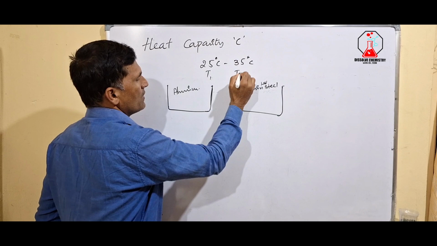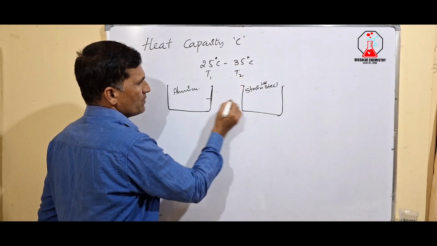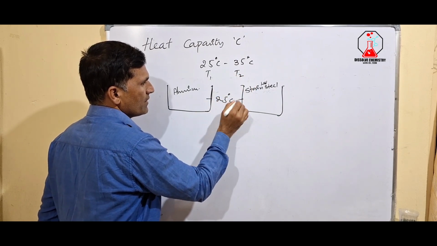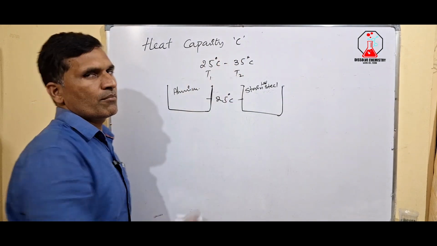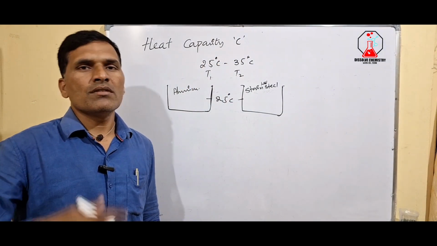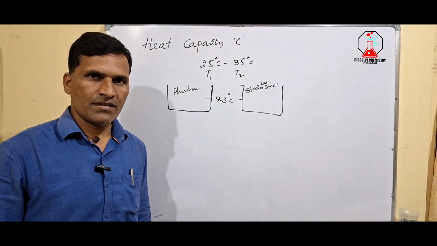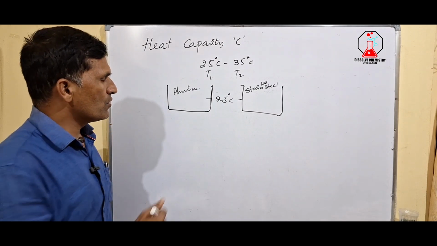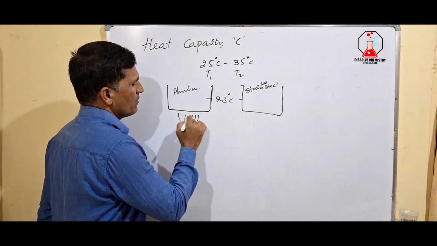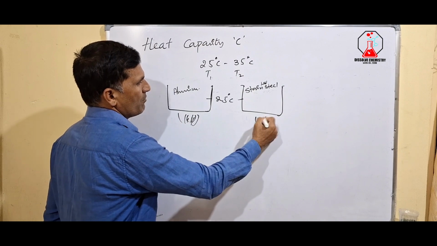This you call T1, this you call T2. Assume that initially both are at 25 degrees Celsius and we want to raise their temperature from 25 to 35 degrees Celsius. Now we will keep both on the same magnitude of flame.